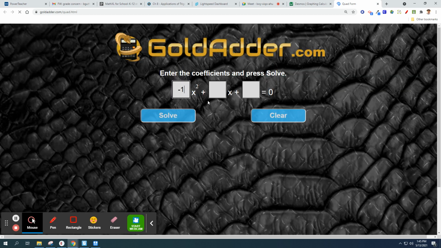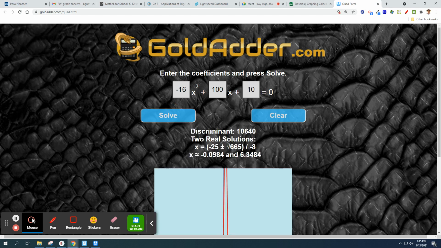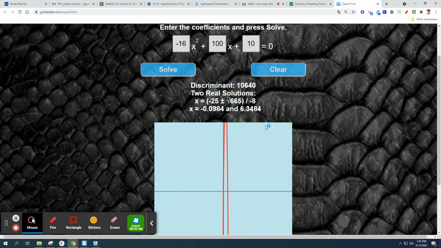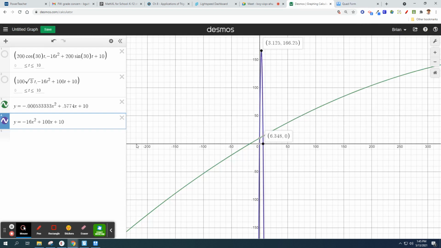That equation was negative 16t squared plus 100t plus 10. And we get about 6.3 seconds. So lots of different ways of doing it. You can look at the graph. You can plug it into one of the equations. You can do quadratic formula. Lots of different ways to do that one.